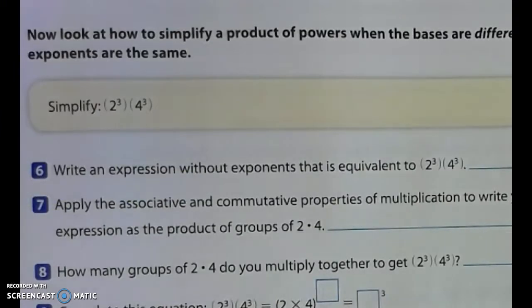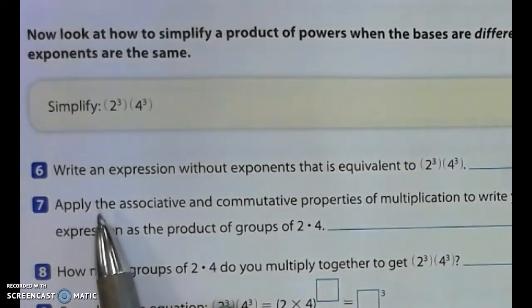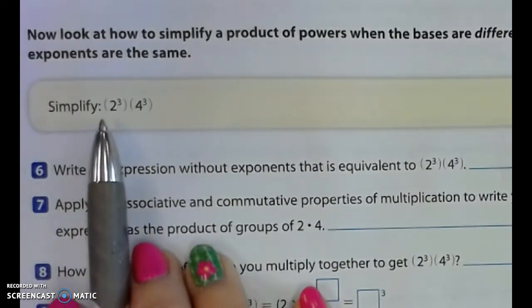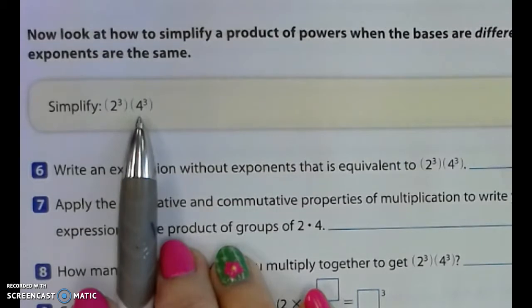Now look at how to simplify the product of powers when the bases are different and the exponents are the same. If you look at this example, you can see we've got 2 to the 3rd times 4 to the 3rd. You can't keep the base because you would not know which base to keep because they are different. In order to combine things, you have to have things that are the same. On this one, we've got same exponents.